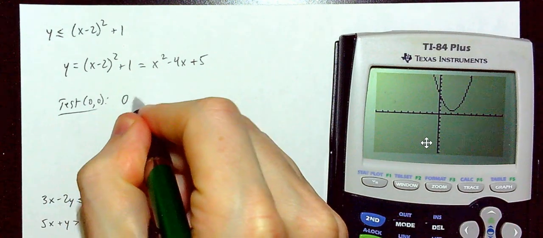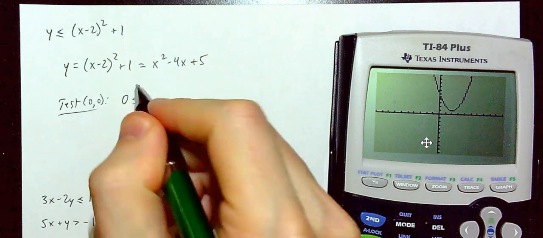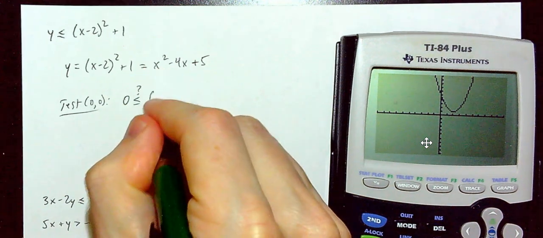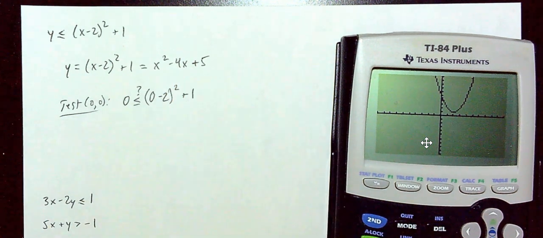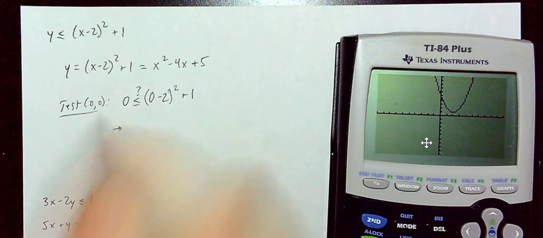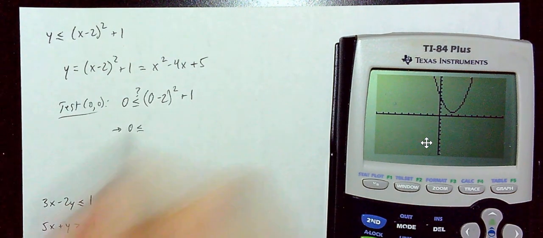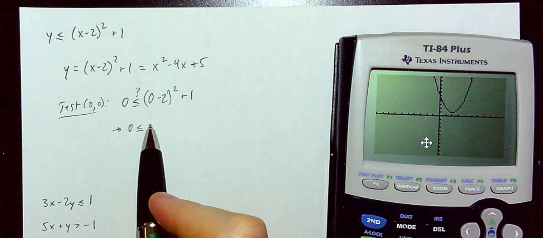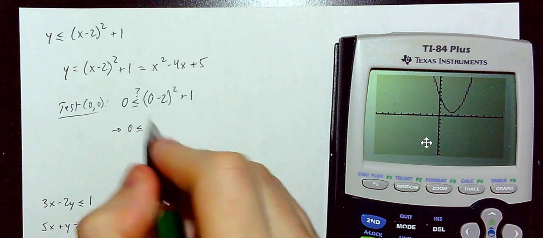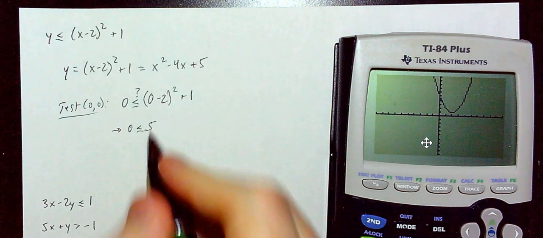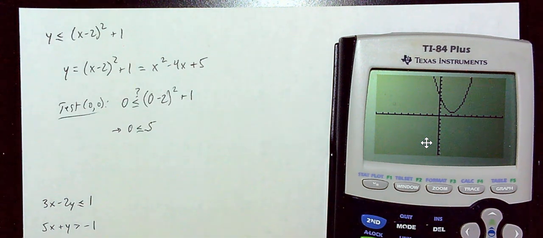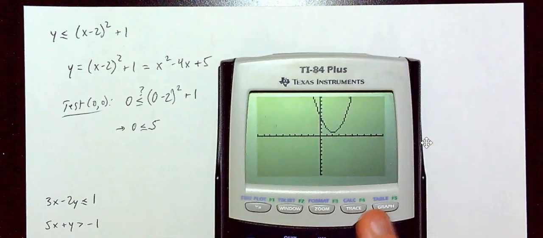So 0, is this going to be less than or equal to 0 minus 2 squared plus 1? Well, 0 minus 2 is negative 2. Negative 2 squared is 4. Add 1, you get 5. So yes, 0 is less than or equal to a positive 5. So this point here, 0, 0, makes it true.